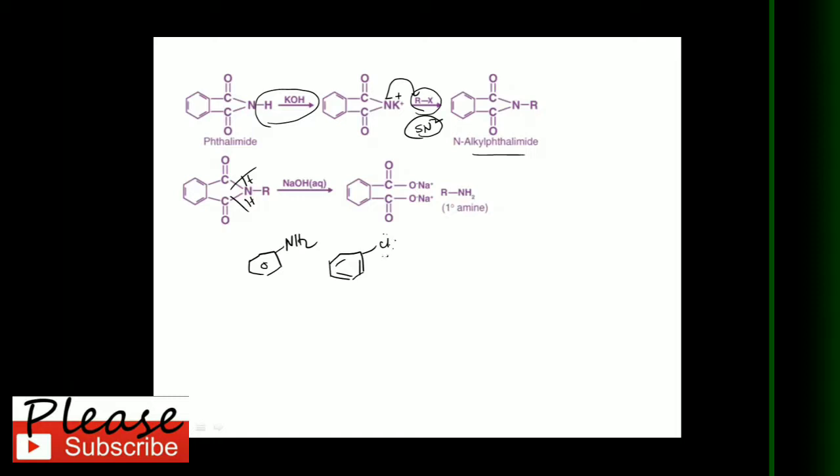But chlorobenzene is involved in resonance, that means lone pair pi conjugation. As a result, it is stabilized by resonance. That's why aryl halides are not generally involved in substitution reactions. That's why aniline cannot be prepared. And only primary amines can be prepared, secondary amines are not prepared.